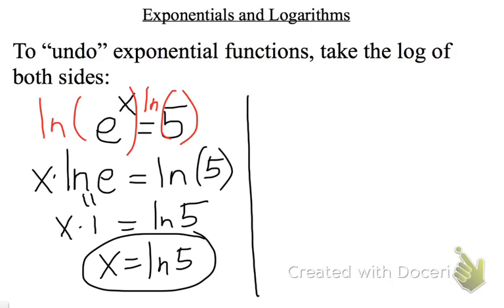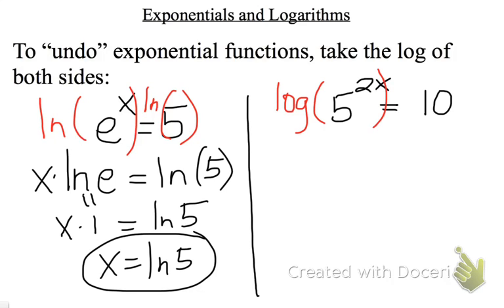Another example would be something like 5 raised to the 2x power equal to 10. Again, we've got an exponential, and to undo the exponential, in other words, to get the variable out of the exponent, I'm going to choose to use the common log in this problem.